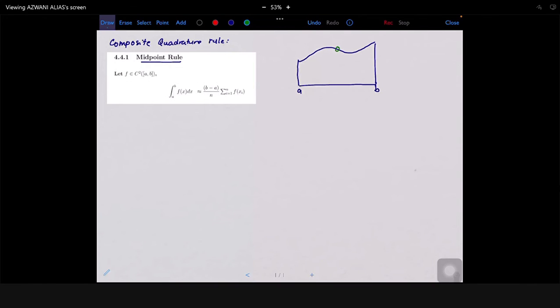Di mana kat sini adalah the value here adalah berapa? Sama tak A tambah B bahagi 2 dengan B tolak A bahagi 2? Sama tak?